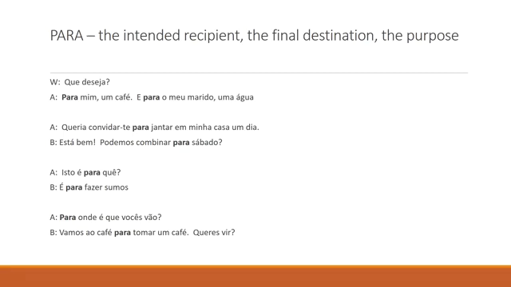Queres vir? So, where are you guys going? Literally, to where or for where are you guys going? We're going to the cafe to have a coffee. Do you want to come? So the para here is for where's your final destination in the question, and in the answer we're going to the cafe in order to have a coffee.